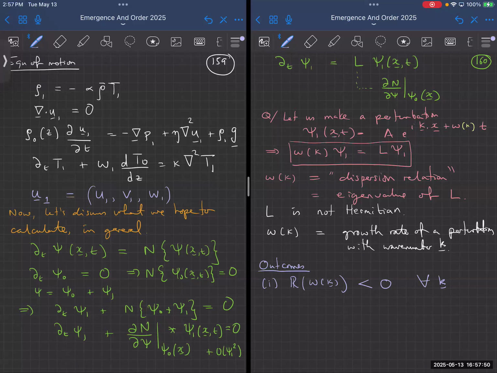Because it's going as e to the plus omega t, the way I define it, what that means is that the real part of omega is negative, then any Fourier component will exponentially decay in amplitude.